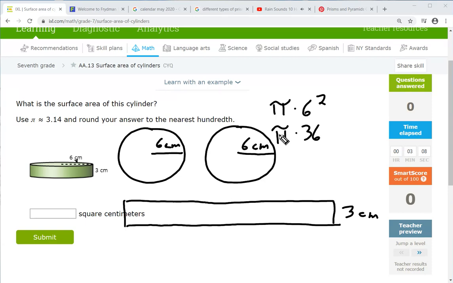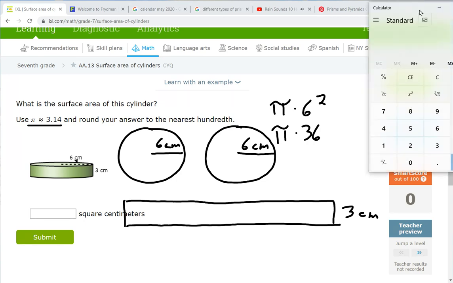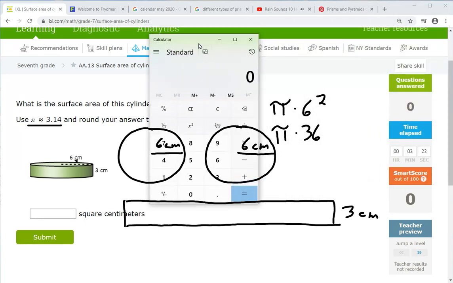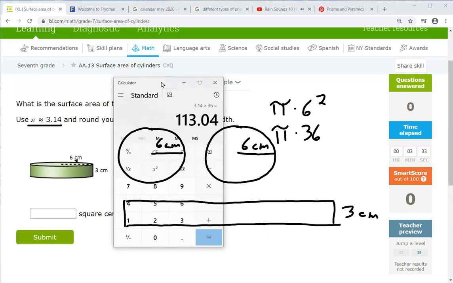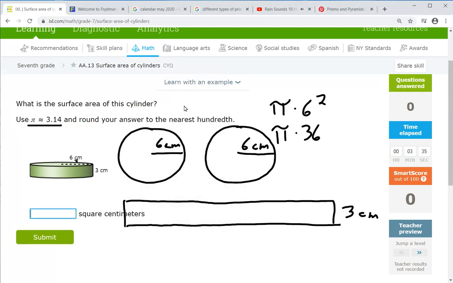And then we're going to do pi times 36, but IXL told us to approximate pi with 3.14. So let's do that. 3.14 times 36 equals 113.04.